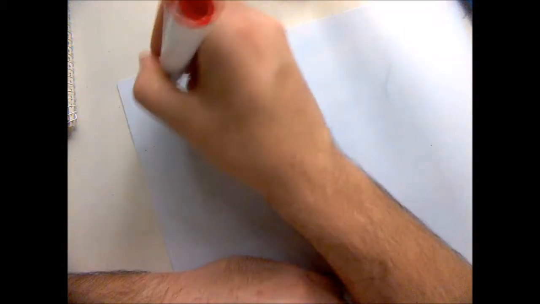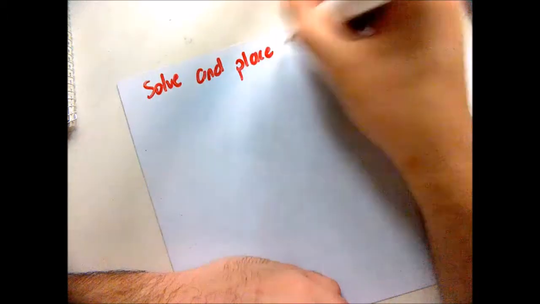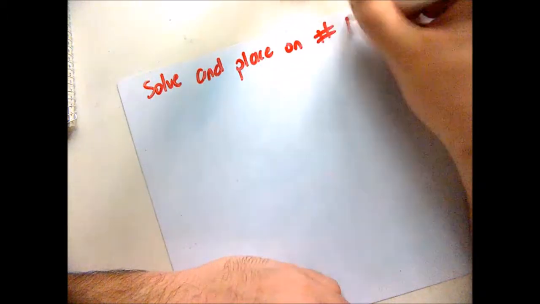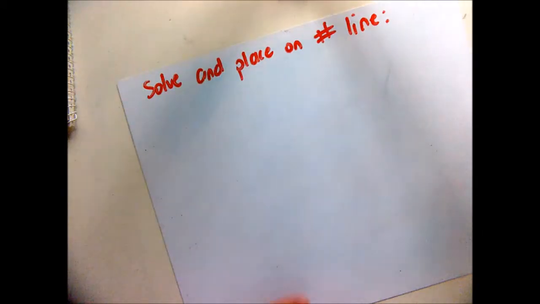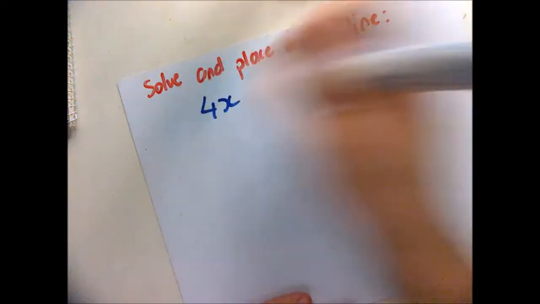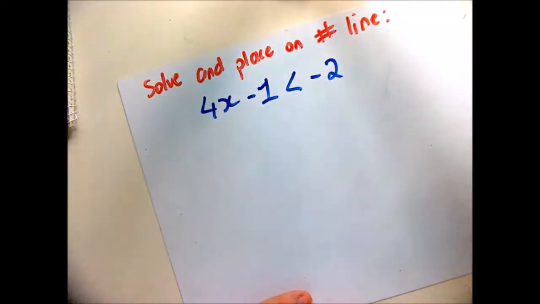So what do these actually look like when you are dealing with a question? You might get a question that says solve and place on a number line. I'm going to say 4x minus 1 is less than negative 2.